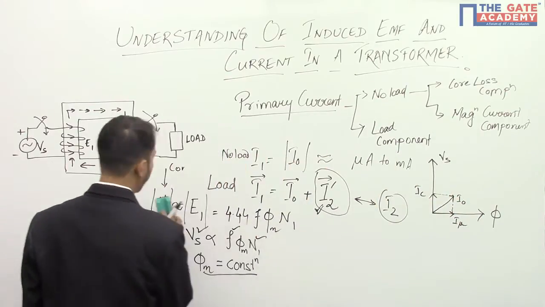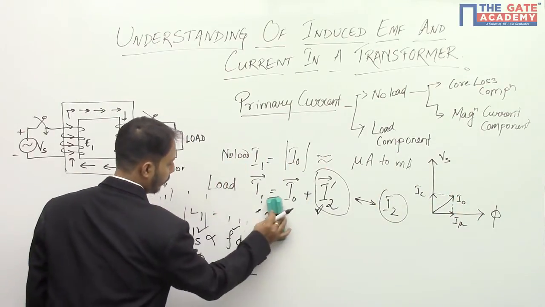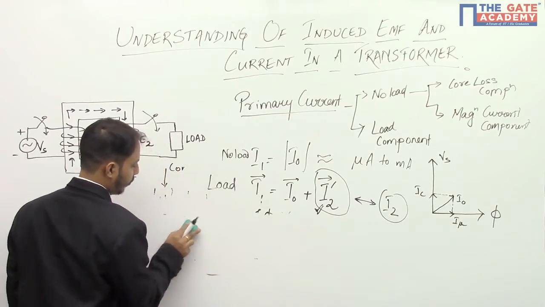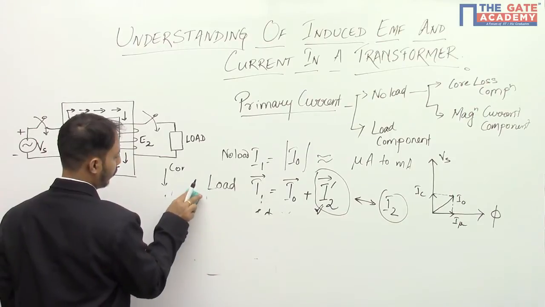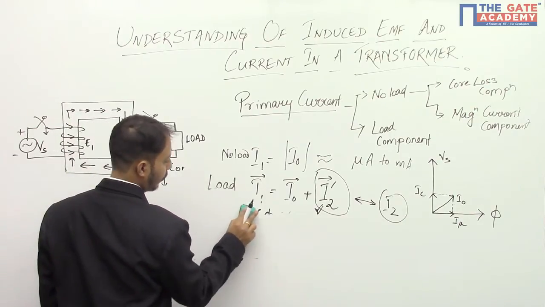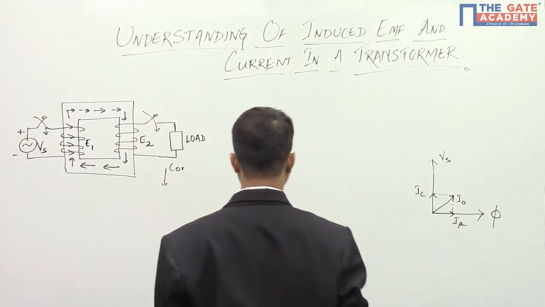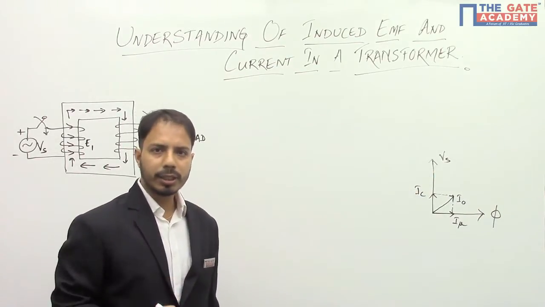Now suppose what we have understood is flux is constant. Okay, so what are the things that we have understood?